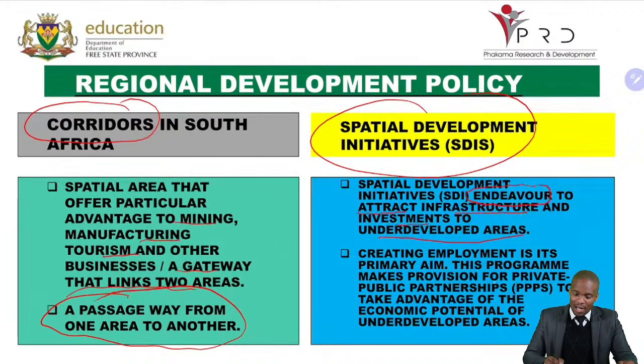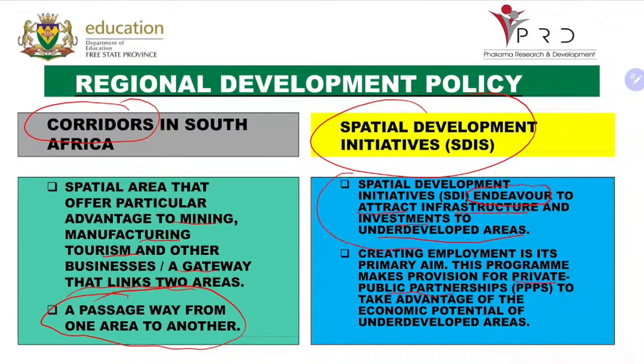And also, it is there to make provision for the PPP, public partnership, with an aim of promoting those areas that are underdeveloped. So a corridor is a passageway from one area to another. Spatial development initiatives are the efforts to attract infrastructure and investment in areas that are underdeveloped. So those are the keys that we need to know and understand, grade 12s.